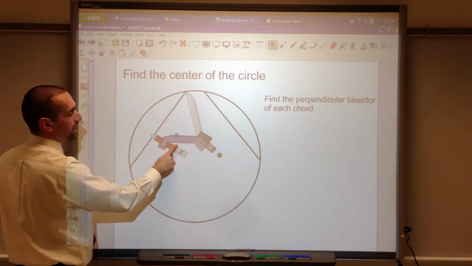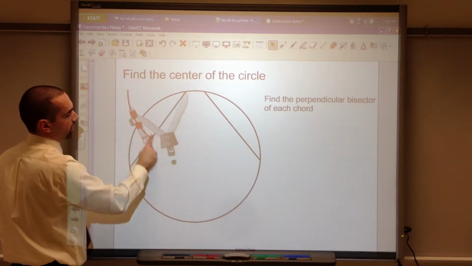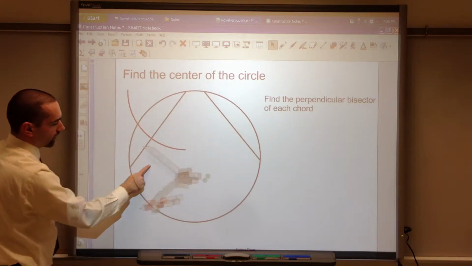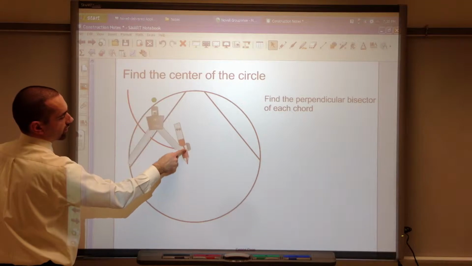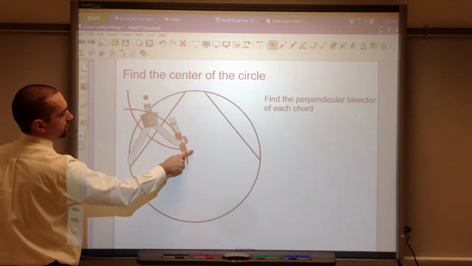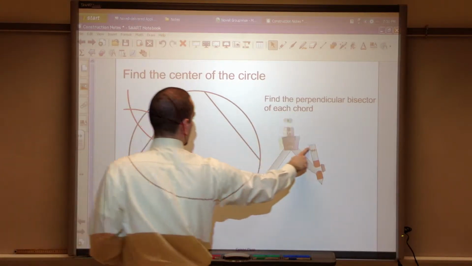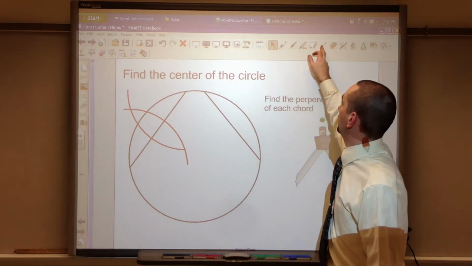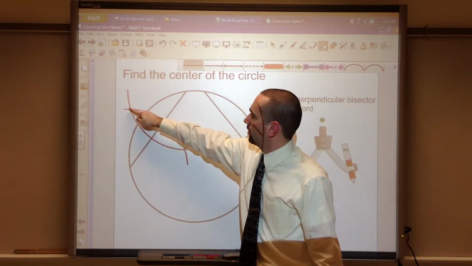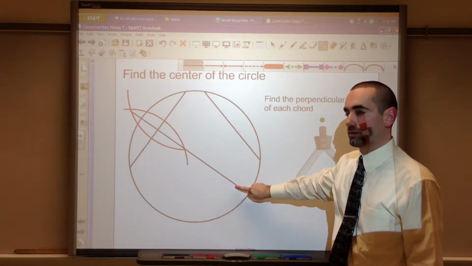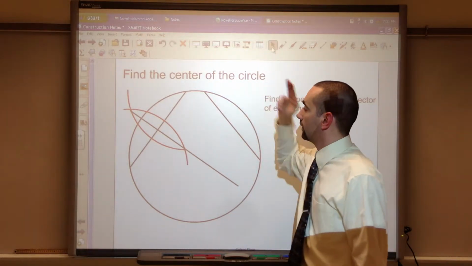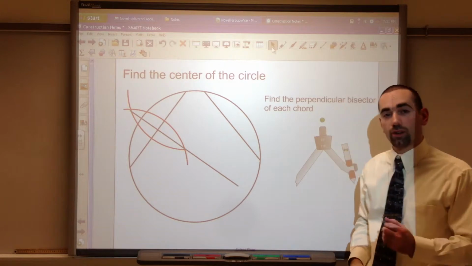Remember, bisect, you go past the middle, make an arc, come to the other side, and make an arc. Where the two arcs intercept, from here to there, I draw a line. And there's my perpendicular bisector of my first chord.